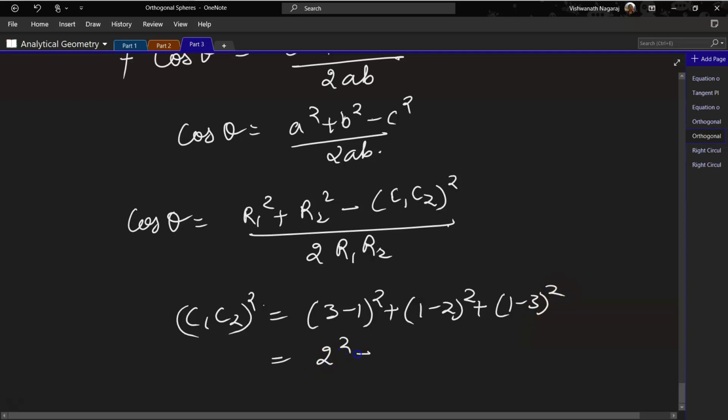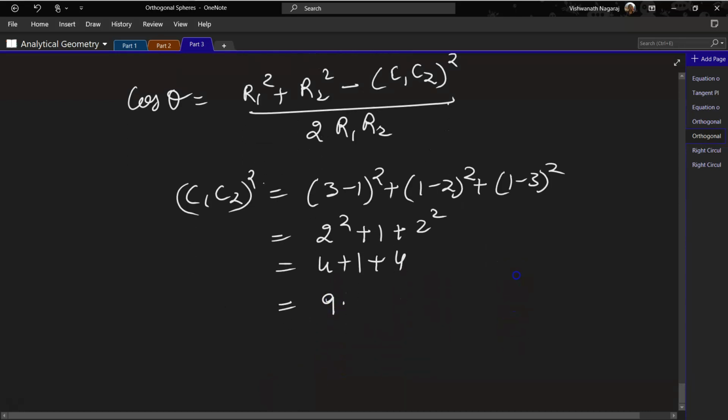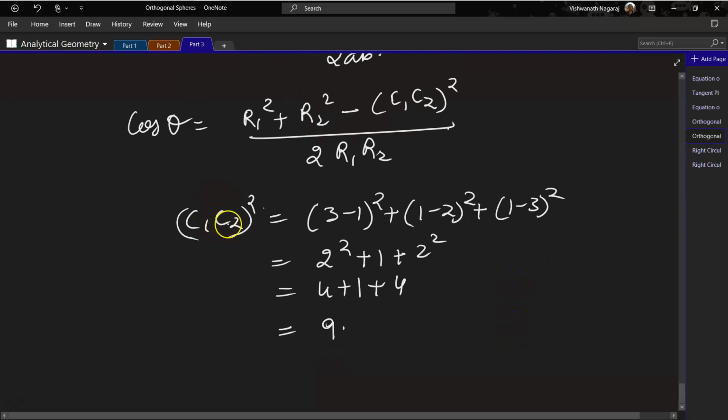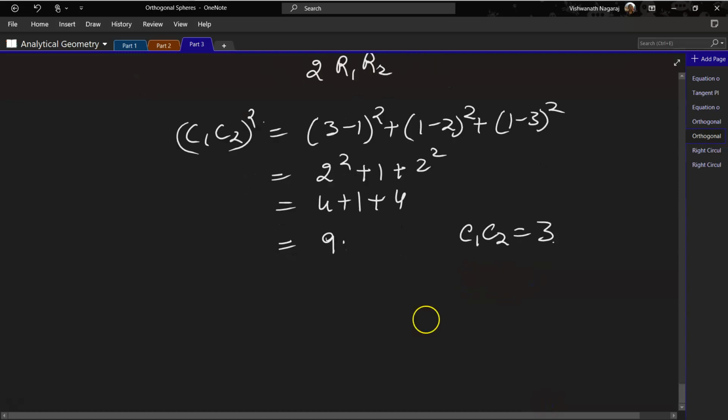This will become 2 square plus minus 1 square plus minus 2 square. That is 4 plus 1 plus 4, which is equal to 9. Remember, this is C1C2 square.